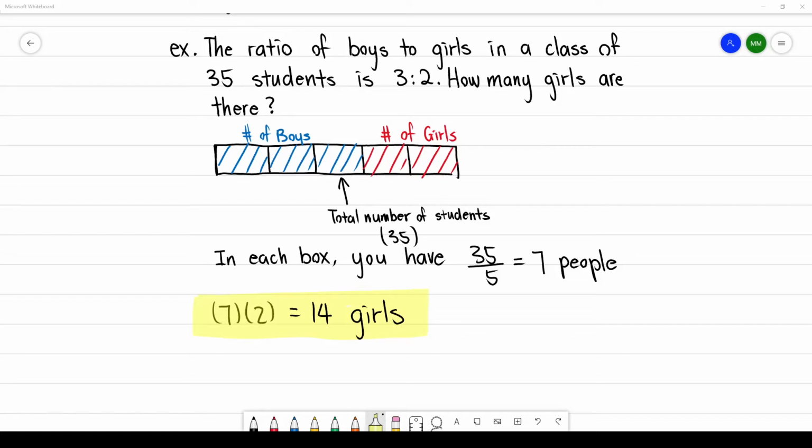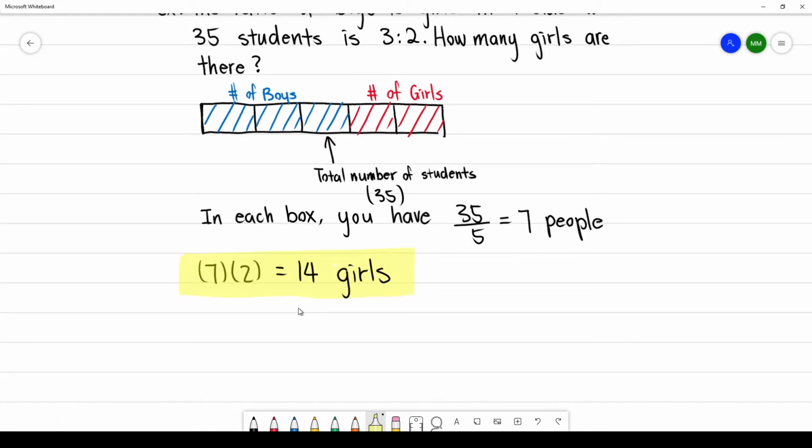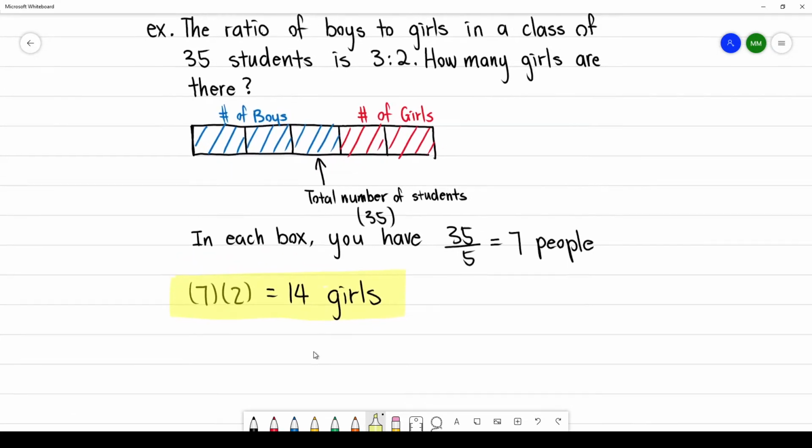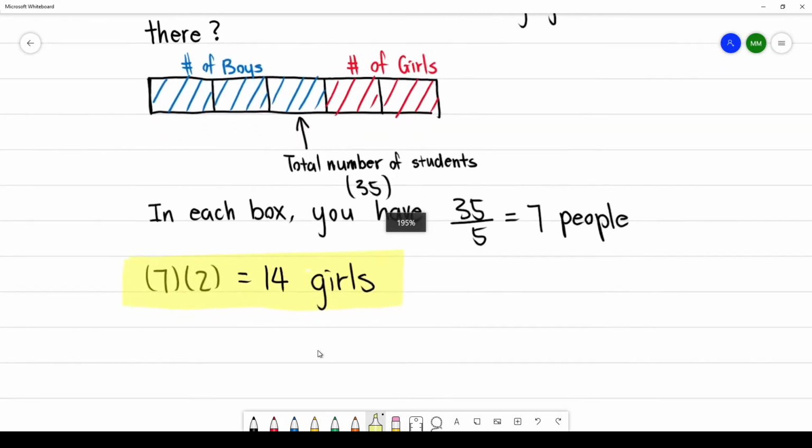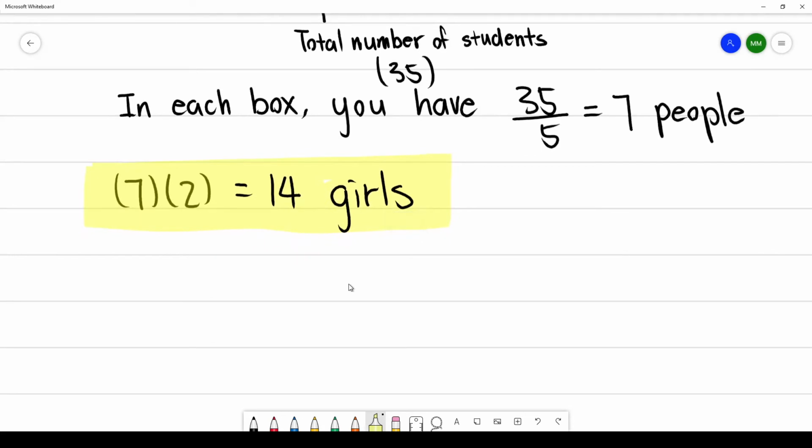Yeah, so this is a method you could try when you see these kind of questions. Now there is another method that doesn't involve drawing. It's purely algebra. So this is method one, and now I'm going to do method two.